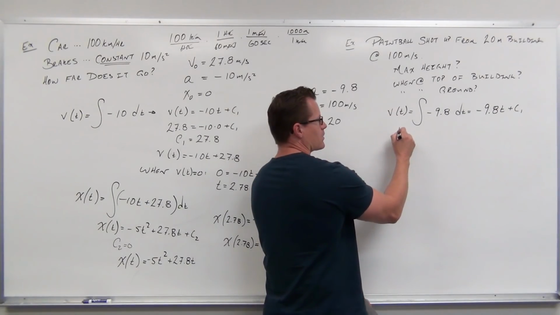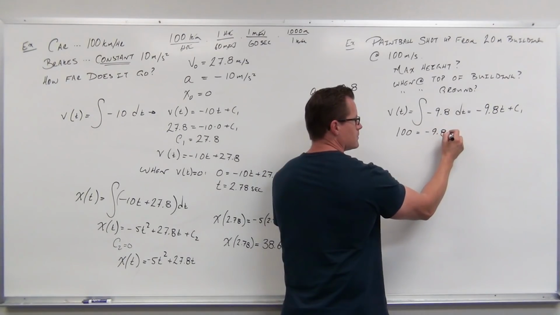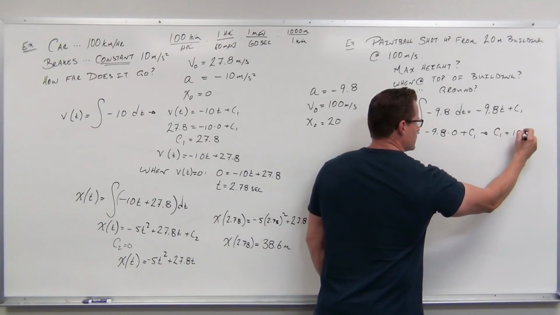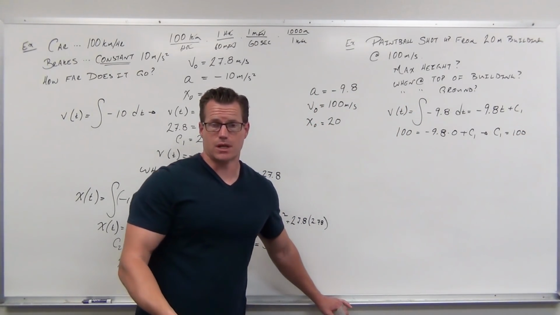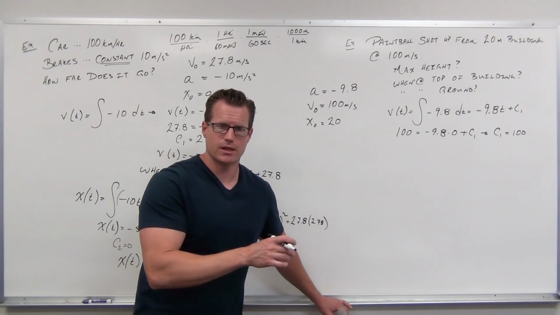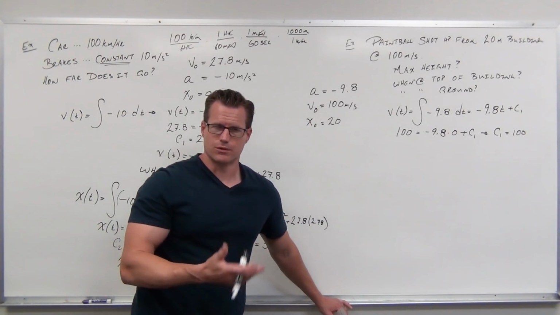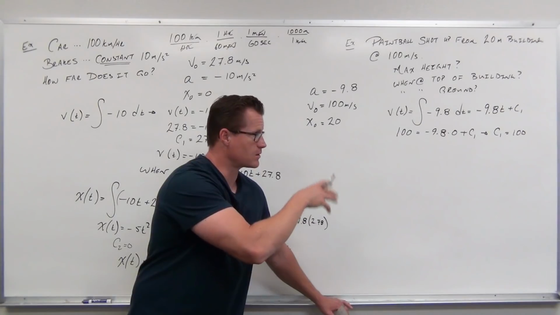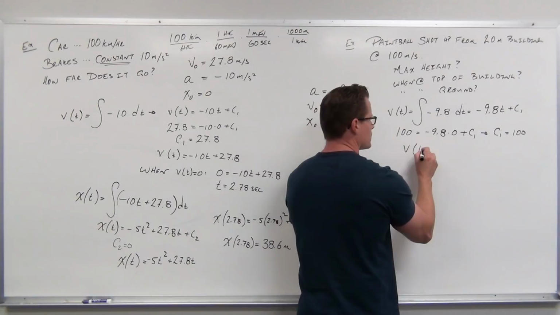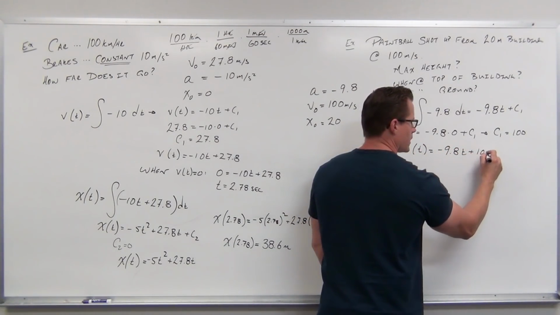If we are going 100 meters per second at a time of 0, our C1 is our initial velocity. I told you that with polynomials, with constants, it's really easy because your C1 is 100% of the time going to be your initial velocity, and your C2 is going to be your initial position. So our velocity function here is negative 9.8t plus 100.